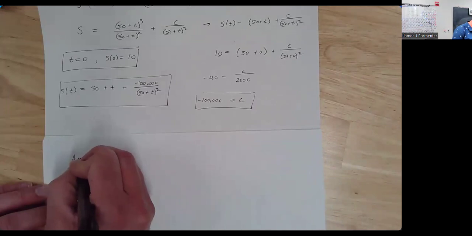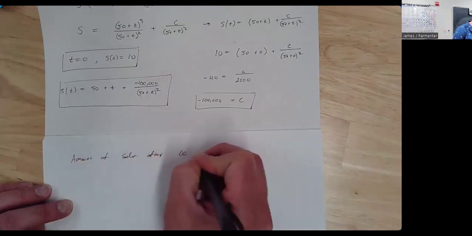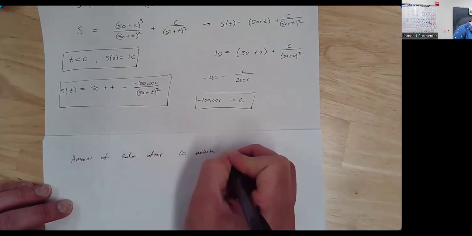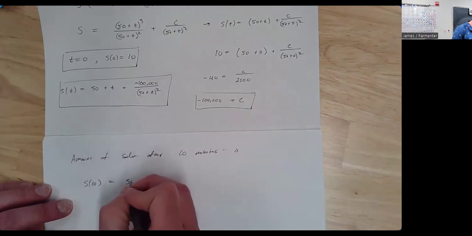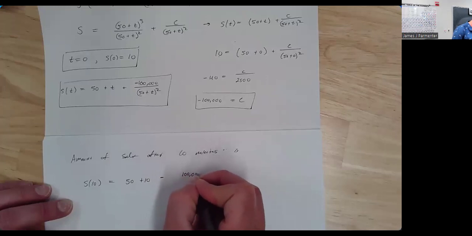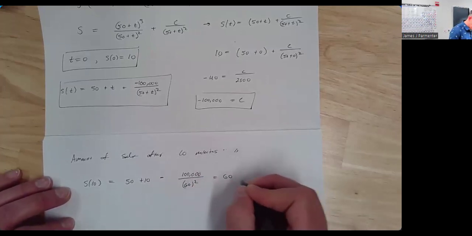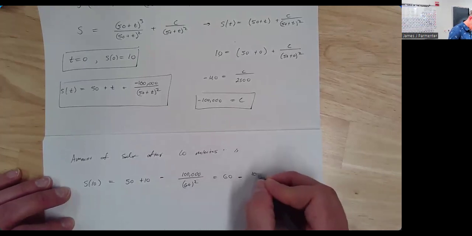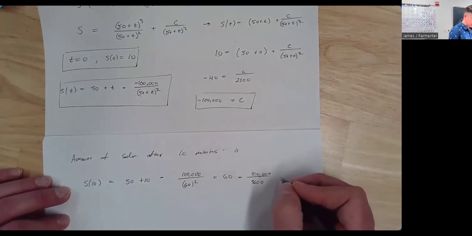The amount of salt after 10 minutes is just S of 10, which is going to be 50 plus 10, minus 100,000 over 50 plus 10 squared. So some terrible number: 60 minus 100,000 over 3,600. Whatever that happens to be.